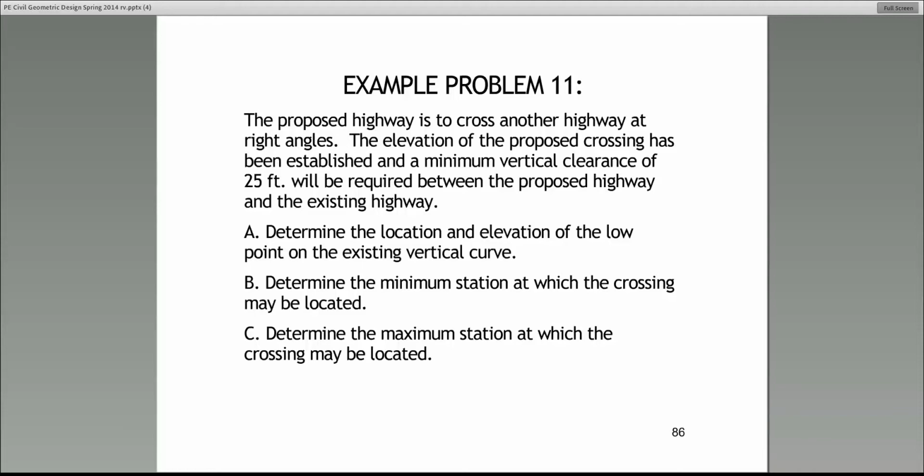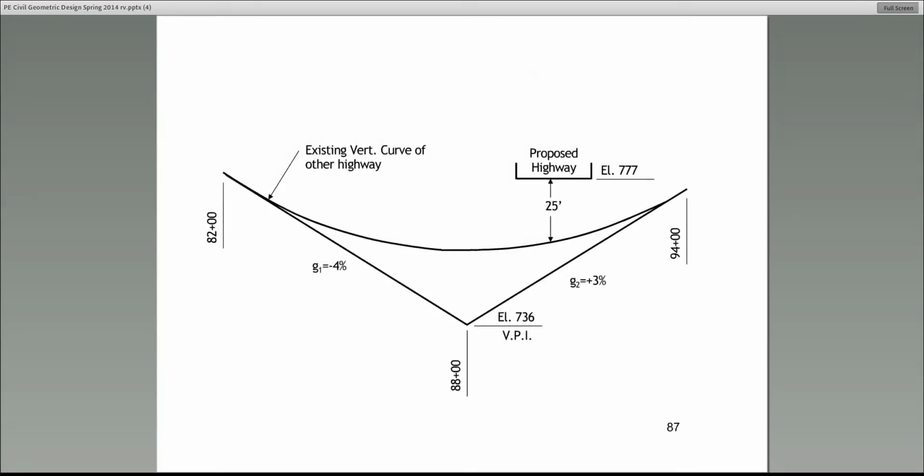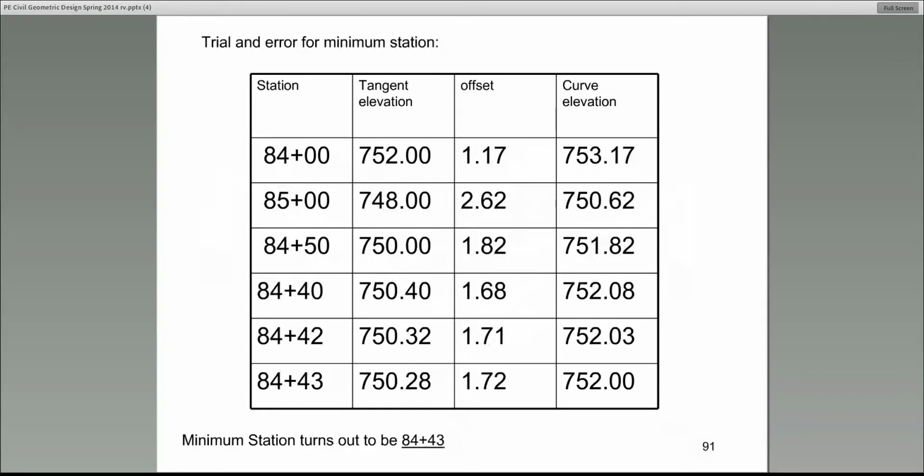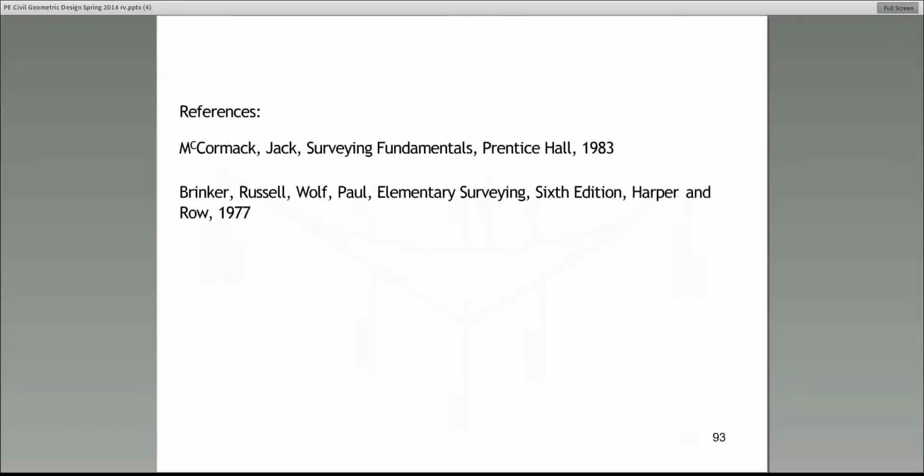So I would recommend just do this one if you're taking the transportation exam in the afternoon. It's the same concept, but it requires a trial and error solution. But the complete solution is provided to you.